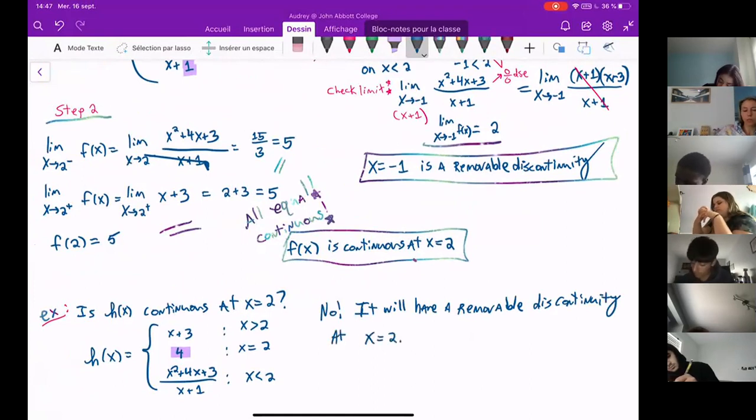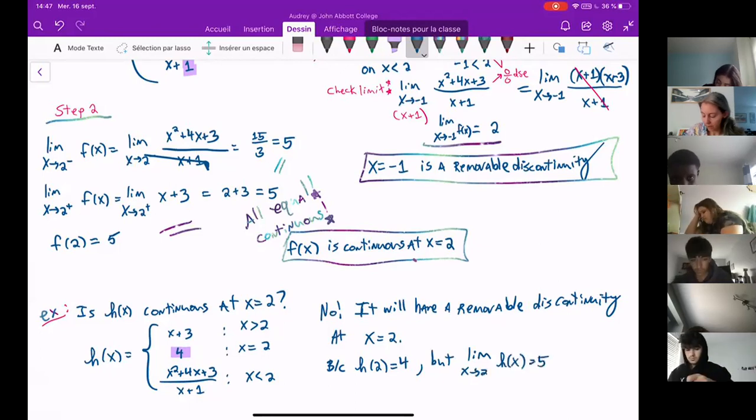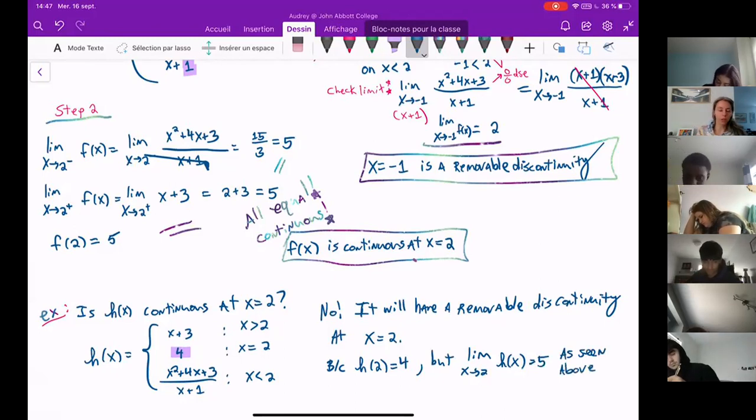So it has a removable discontinuity at x equals 2, and this is because h of 2 is equal to 4, but the limit as x approaches 2 of h of x is equal to 5 as seen above. So in this case, it's a removable discontinuity. We were able to remove it by just replacing that 4 with a 5.